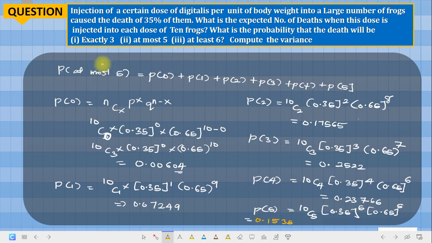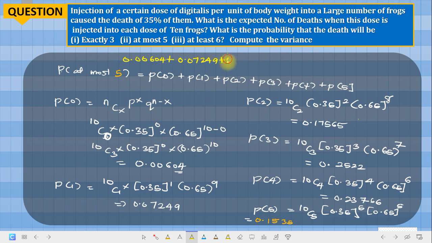Now, have we gotten this? The next thing that we are going to do is the probability that at most 5 will die. What you do now is sum everything together, everything that you've gotten here. So the probability that none will die, to start with, is 0.00604. Probability that one will die, 0.07249.